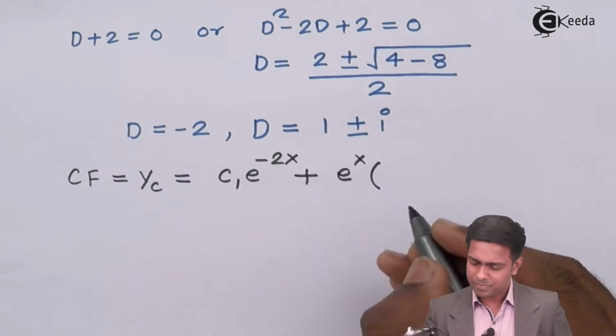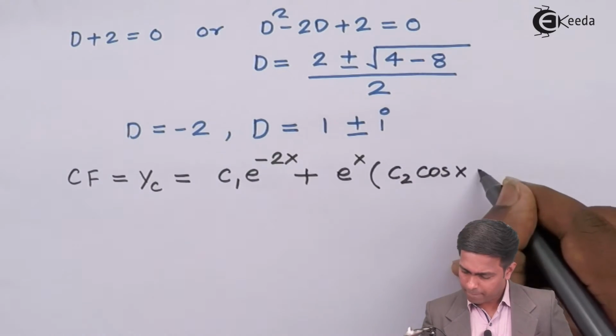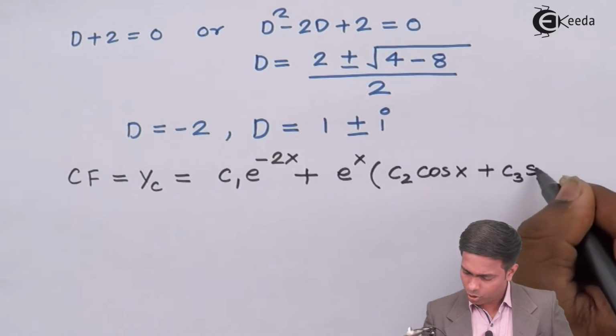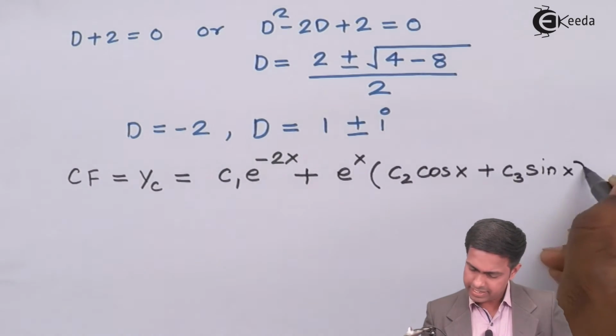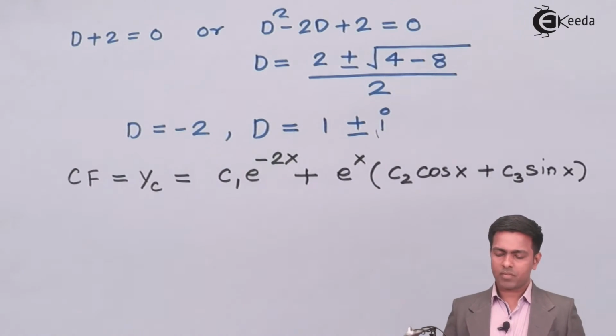So that will become c2 cos x plus c3 sin x, since the value of the imaginary part is 1. So guys, this is the value of the complementary function.